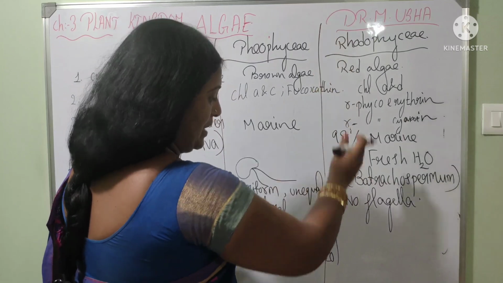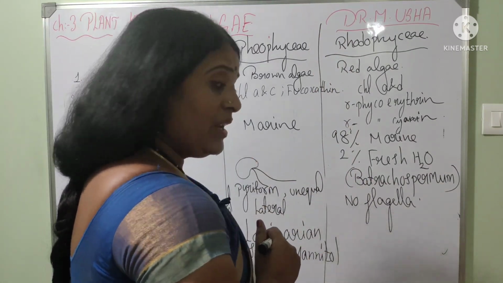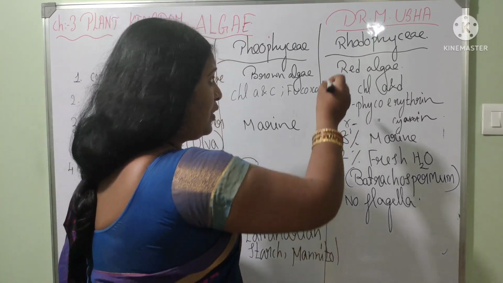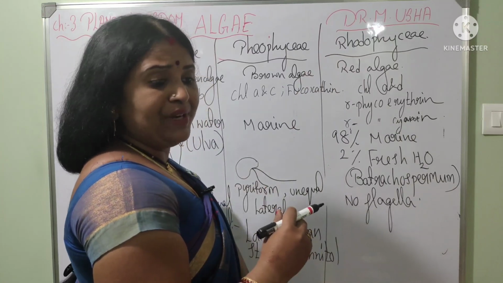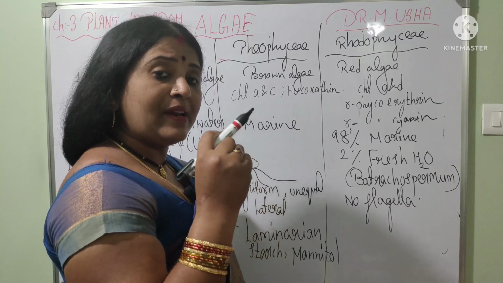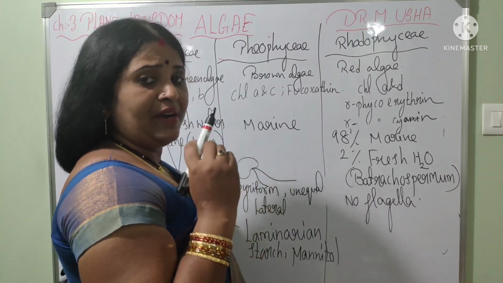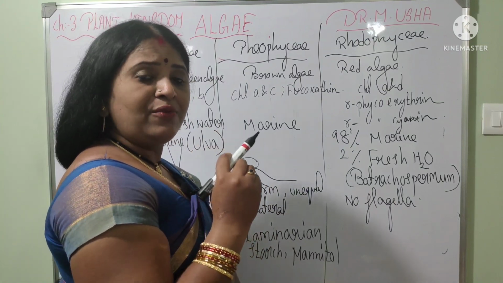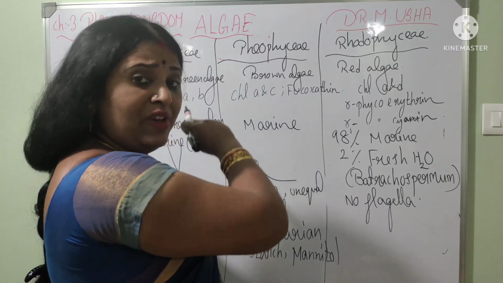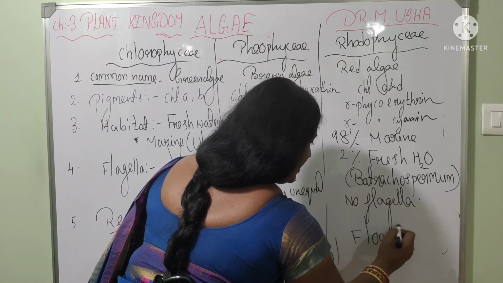Next, Rhodophyceae. What type of reserve food material? That is very important. Their reserve food material has been asked many times in several state entrance examinations, followed by national-wide entrance examinations. This Floridean starch is quite different from the starch of green algae.